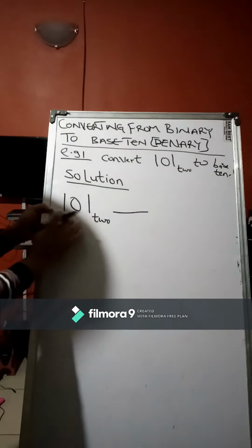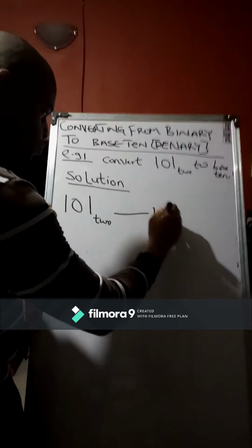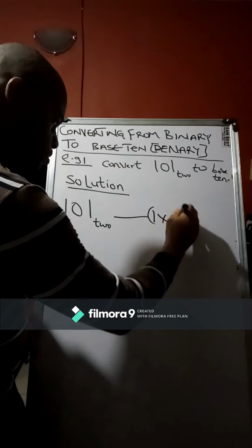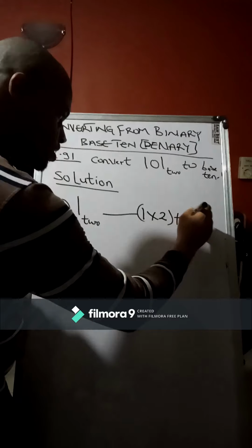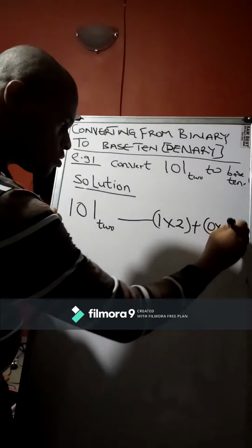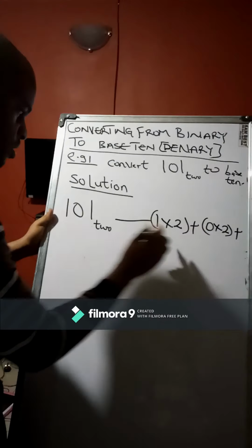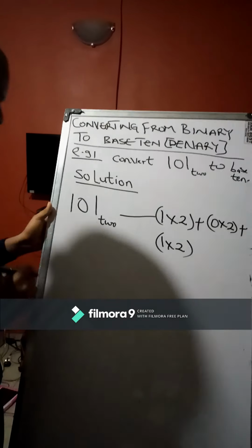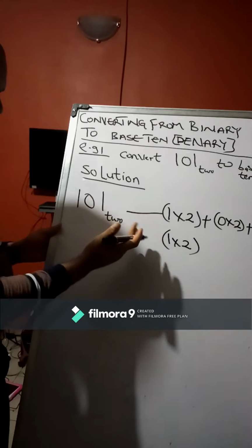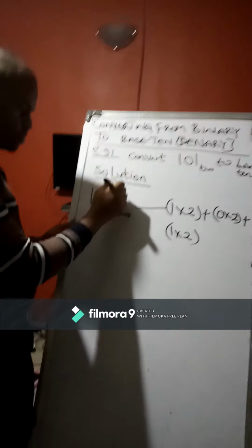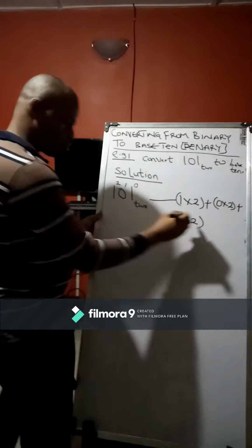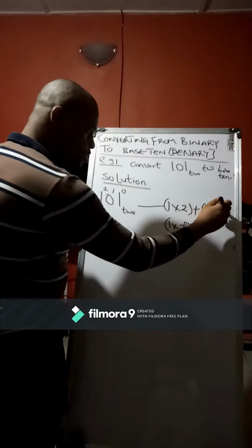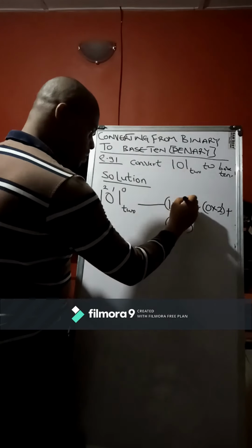So if I want to expand this in base 2, I write 1 times 2 plus 0 times 2 plus 1 times 2. Then now we introduce the powers. Remember I told you, introduce your powers from the back to the front, from 0, 1, 2. So on these 2 I put 0, on these 2 I put 1, on these 2 I put 2.